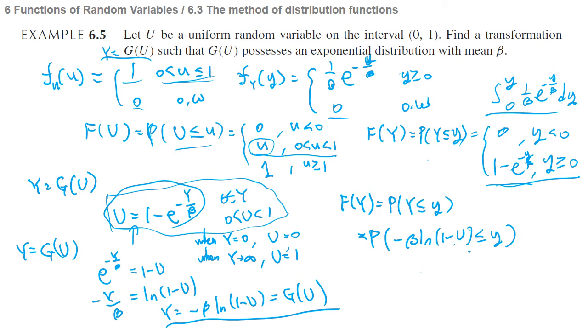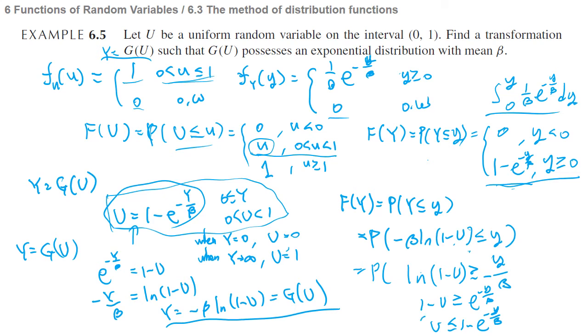This is the probability that 1 minus u is greater than e to the minus y over beta, the sign changes, and so u is less than or equal to 1 minus e to the minus y over beta.